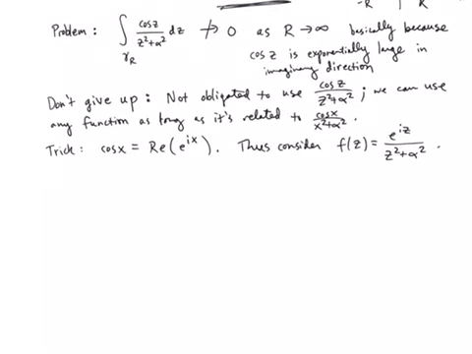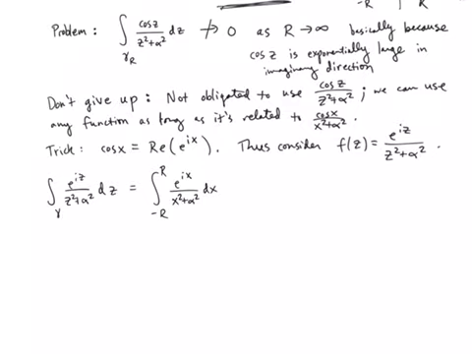So what we find here is that the integral along gamma of e to the iz over z squared plus alpha squared dz, so we have the integral from negative r to r of e to the ix over x squared plus alpha squared.